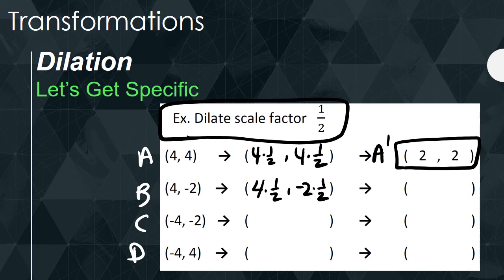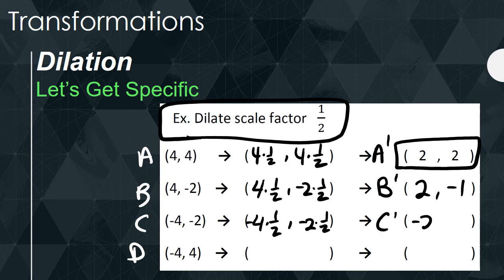When we cut both of those in half, for B prime we get 2 and -1. For C, we have -4 times 1/2 and -2 times 1/2. So for C prime, we get -2, -1.